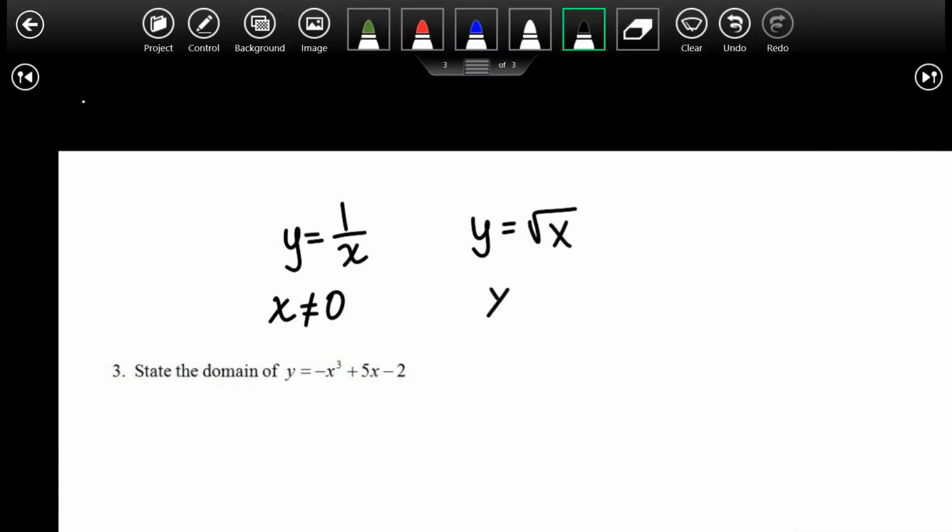So x has to be greater than or equal to 0. Does this equation fall into those categories? So what does it have to be? X is all real numbers. Okay, if it doesn't fit in that category, you don't have to restrict the domain.